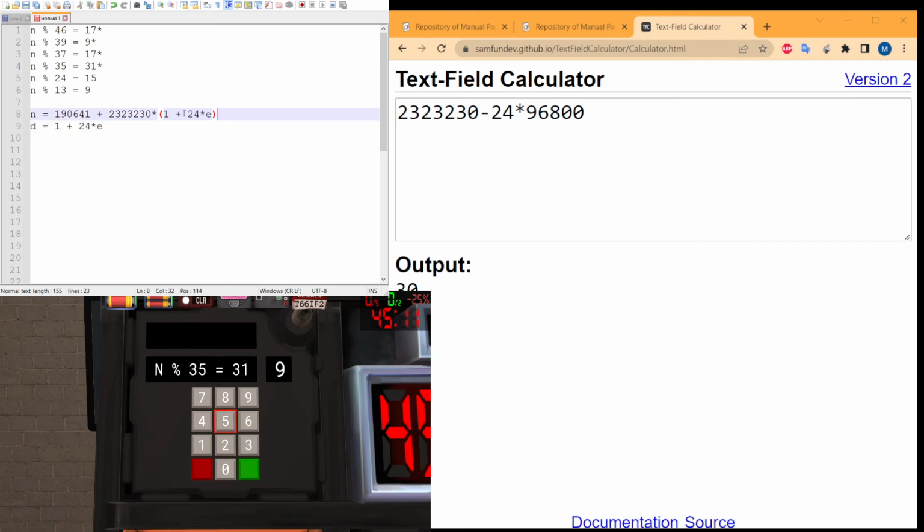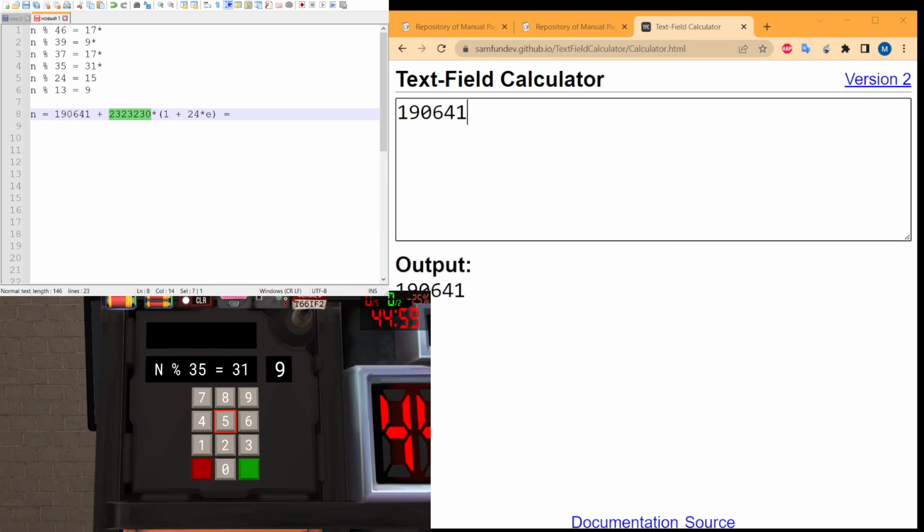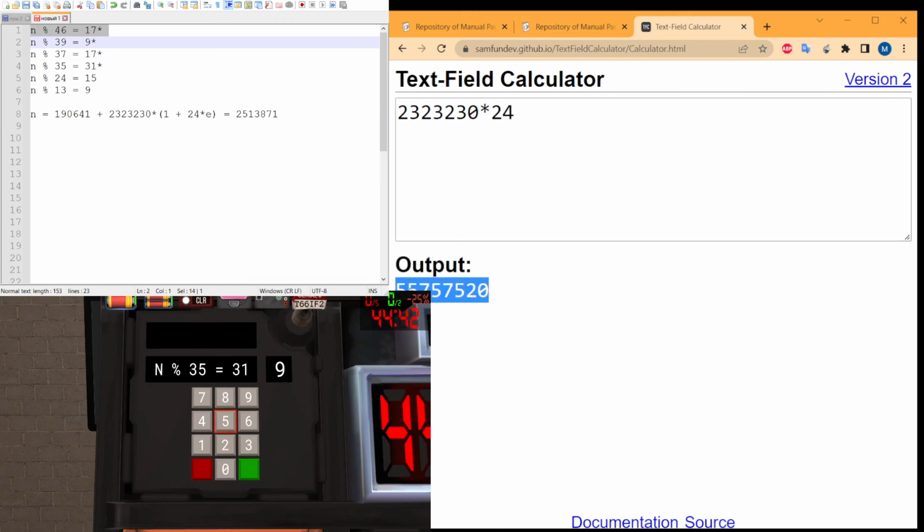Substitution gives us this equation, and opening brackets gives us this plus this times 1, which is this number, and this number times 24, which makes the equation look horrible like this.